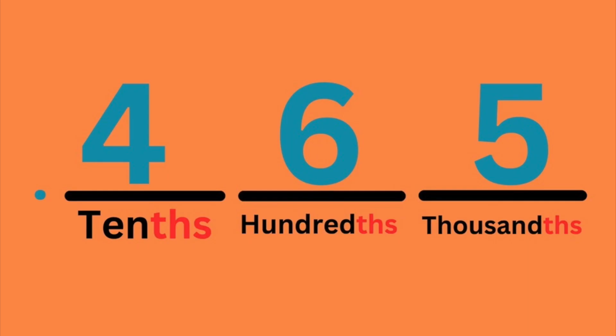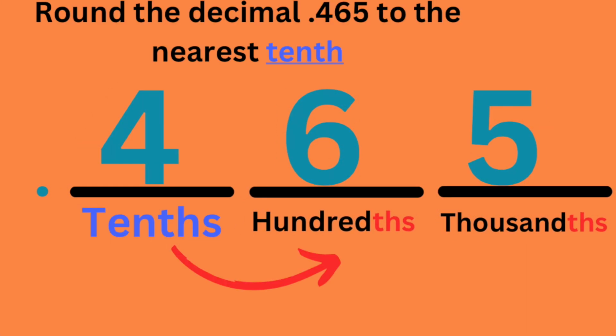So for our second example, we have the decimal number 0.465. We need to round this decimal number to the nearest tenth. So we look at the tenths place value. In order to round this whole decimal number to the nearest tenth, we have to start at the tenths place value, but refer back to the hundredths place value, which is the place value right next to it, to help us decide whether we round the number up or down.